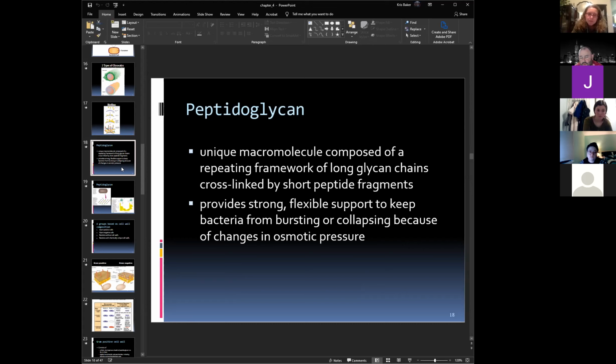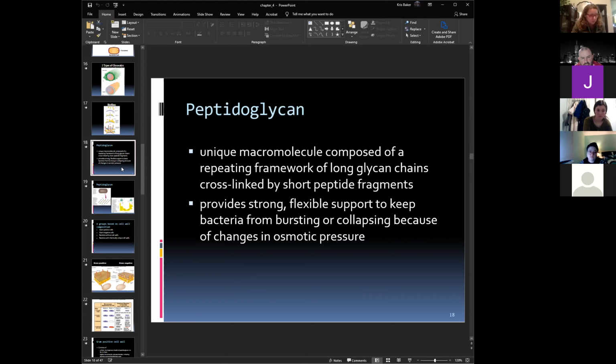It is a cool macromolecule, and it's a repeating framework of two glycan chains. One of them is N-acetylglucosamine. One of them is N-acetylmuramic acid. I'll show you the spellings because I'm not even going to try. And so we can call them NAM and NAG for short.